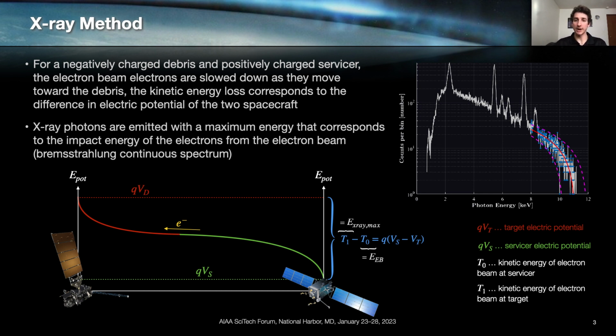And the way we measure the landing energy is by looking at the X-ray spectrum that results from the electron beam impacting on the spacecraft, because X-rays are only emitted up to the landing energy of those incoming electrons. So by finding the maximum photon energy in the recorded spectrum, we can infer the landing energy and therefore the electric potential of the target object.